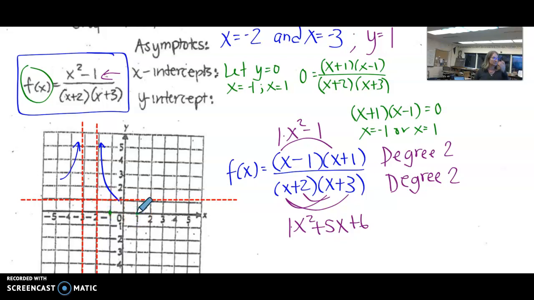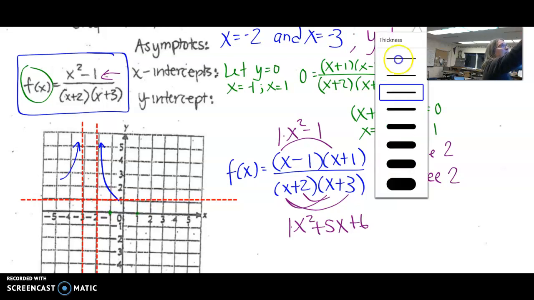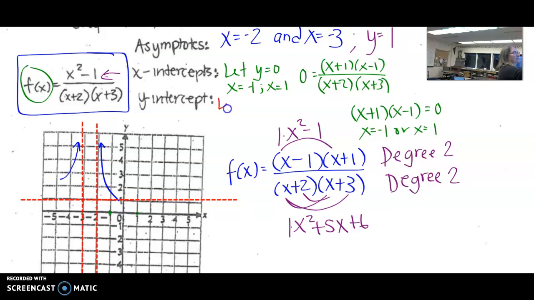And then now we need to look at our y-intercepts. And the reverse, we're going to let x equal 0 to find my y-intercept. So if I put 0 in for these x's, what do I get? So we're finding f of 0.